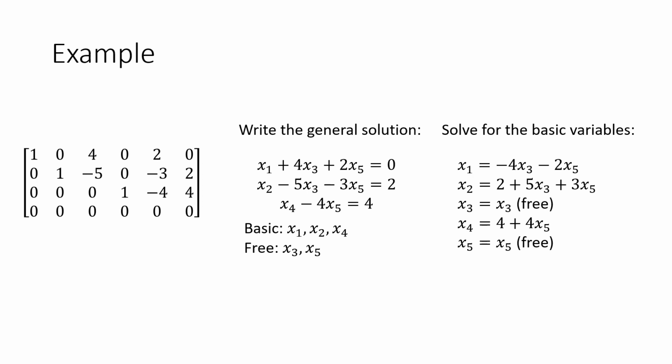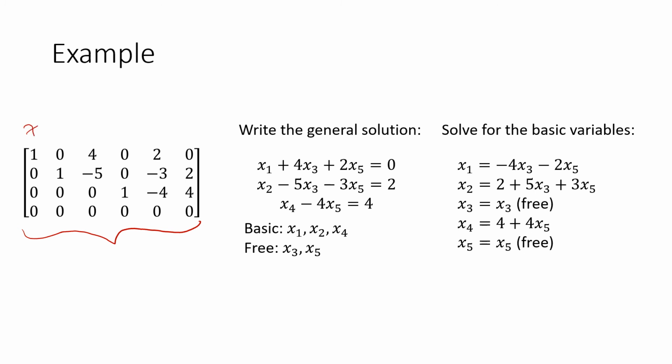Here is a system of linear equations that has been converted into an augmented matrix. Let's say we do the row reductions and we end up with this. Notice that that is in row reduced echelon form. From row reduced echelon form, we can identify the basic variables and the free variables.